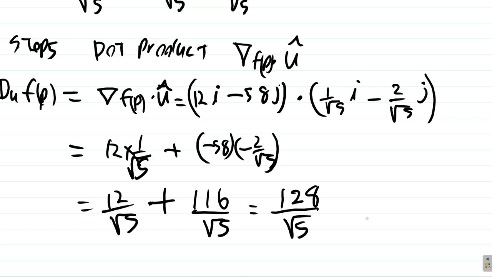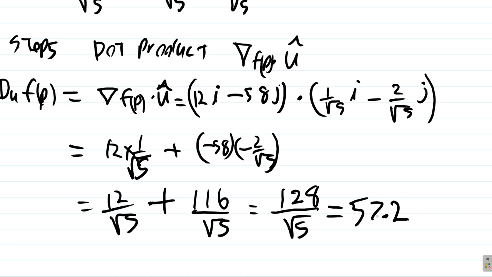Now you can leave it that way, but suppose we work it out. 128 over the square root of 5 equals 57 point something, right? Around 57. So let's say 57.2. 57.2 is the directional derivative of the given function.